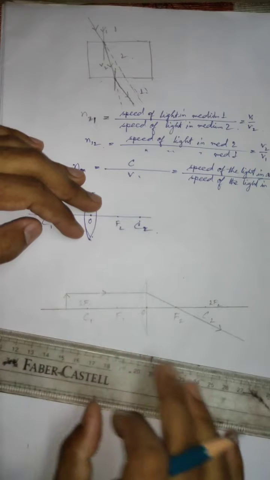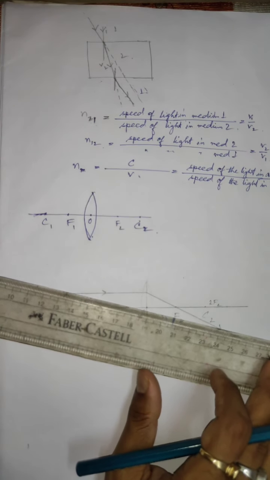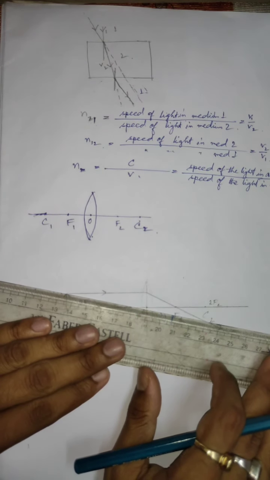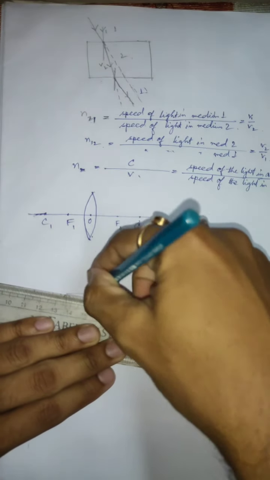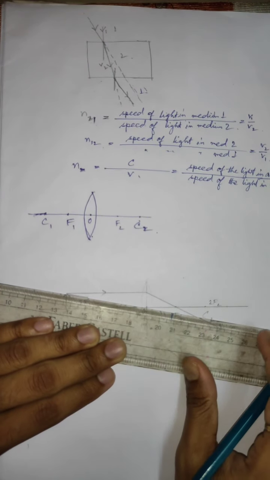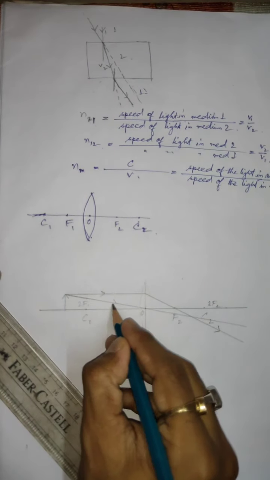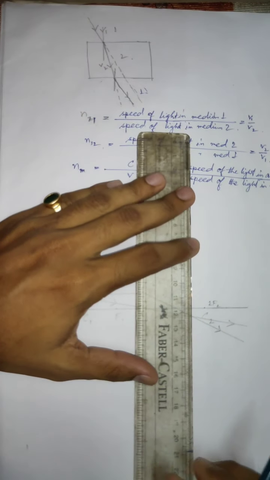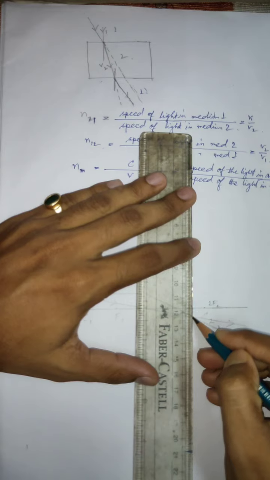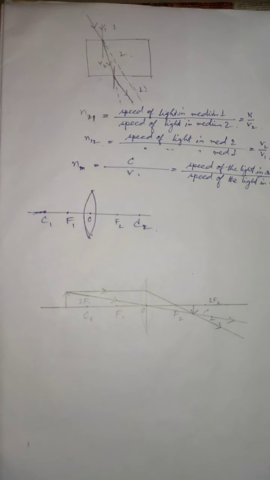Another ray will go through the optical center. Now see, these two rays intersect here. So this is the image formed that we got.